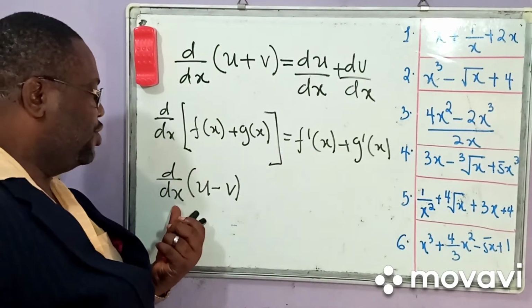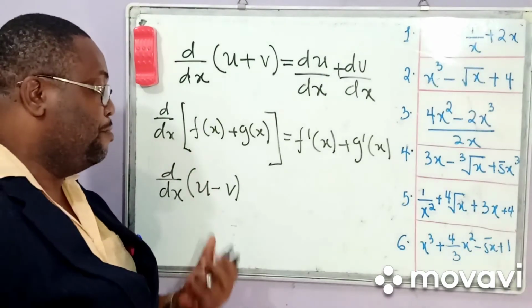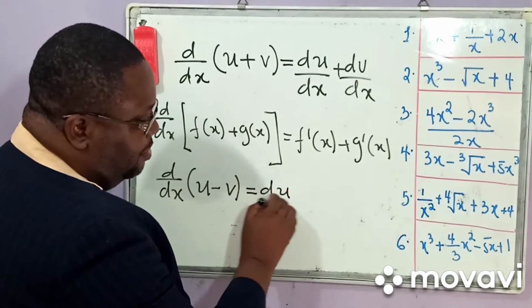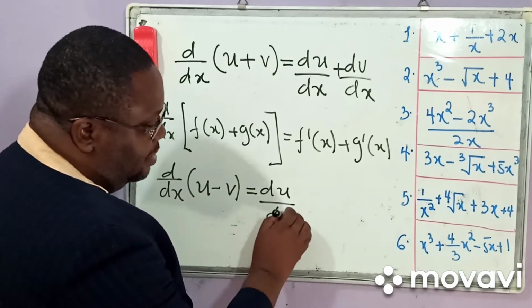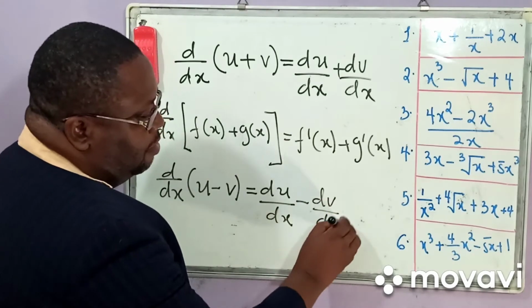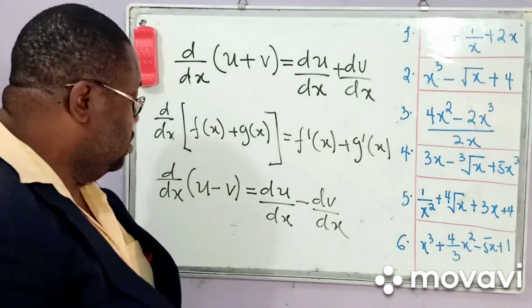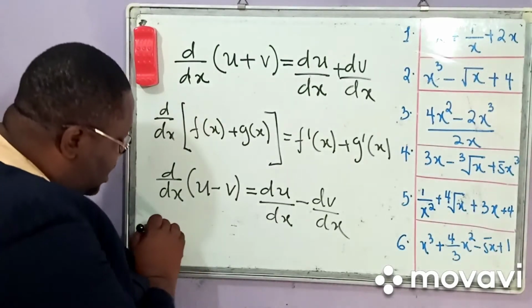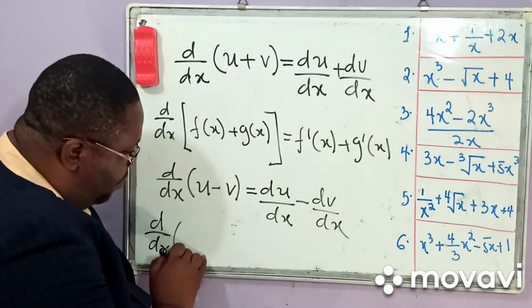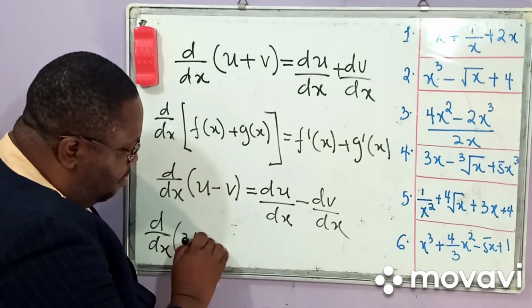So if we differentiate u minus v with respect to x, it simply becomes du by dx minus dv by dx.